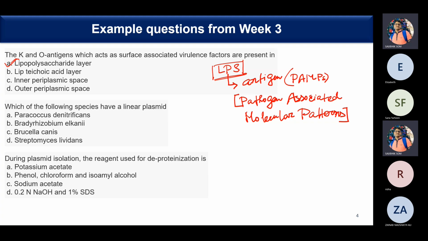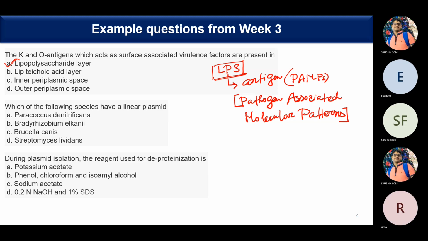So this TLR got the Nobel Prize in 2011, along with Jules Hoffman and Bruce Beutler. Bruce Beutler was the first person to get the Nobel Prize for discovering the toll-like receptor.